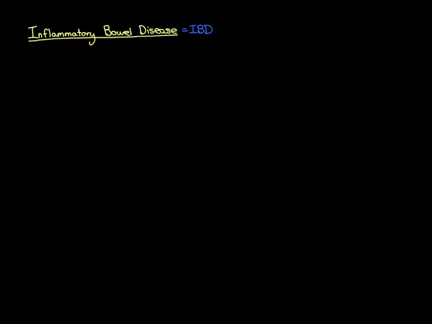So let me just remind you of what inflammation is briefly, and we'll go into much more detail later on when we discuss the pathophysiology underlying inflammatory bowel disease. But briefly, inflammation is something that can occur in any tissue within the body when there is a problem in that tissue.